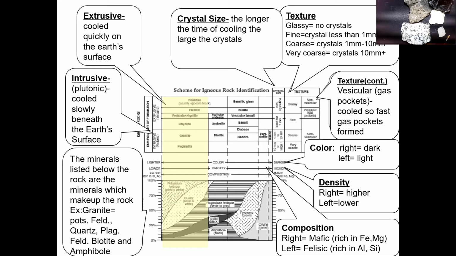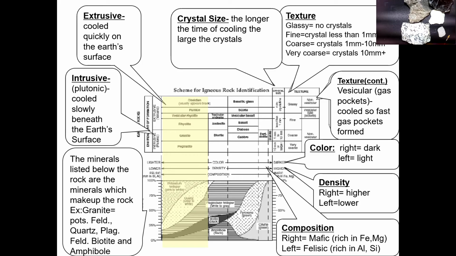See how there's a box around the word granite? If you line up, like I did here, I kind of highlighted them down. All of these symbols, so we got polka dots, bigger polka dots, stripes, black ones, and different stripes. Those minerals are all found in granite. So anything that's listed below the word is found in that rock.